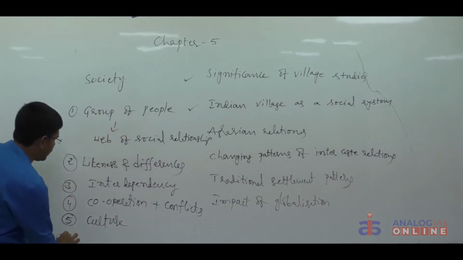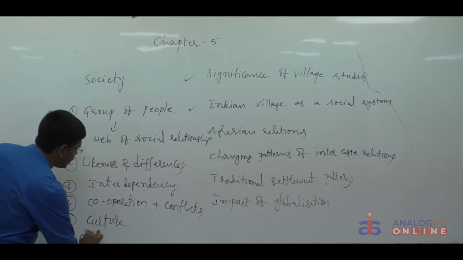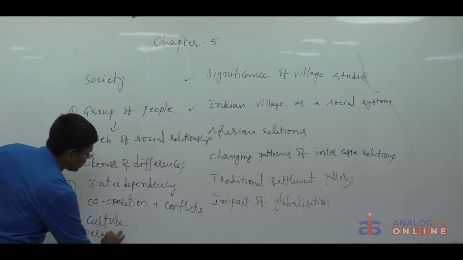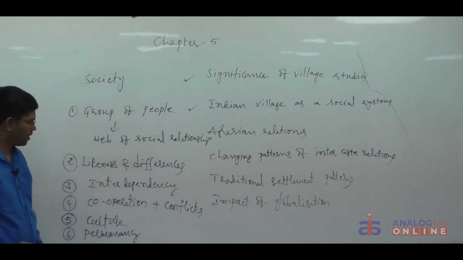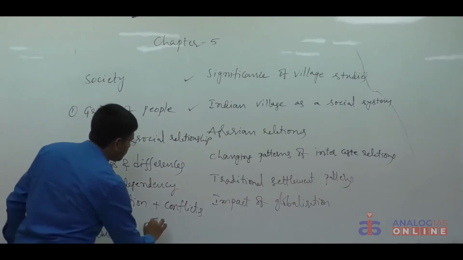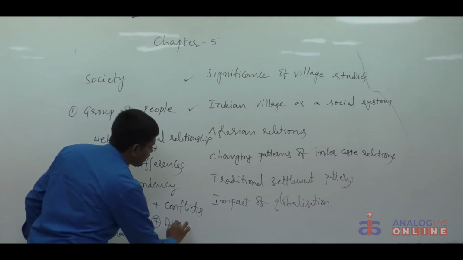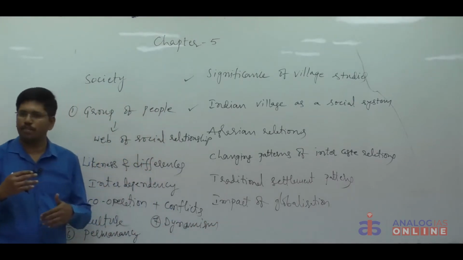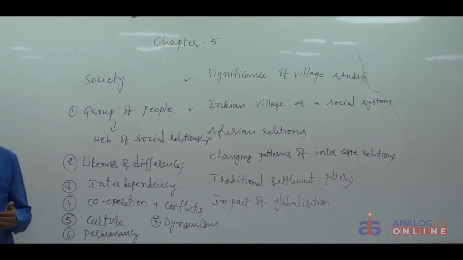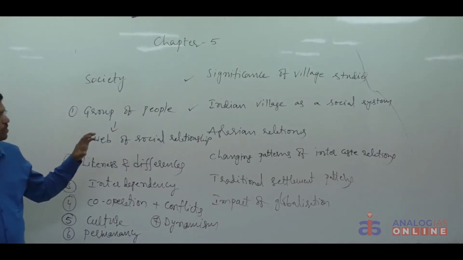This group must be a permanent group. Permanency. And at the same time, dynamism, changes. Gradually over a period of time, there must be some changes. These are the characteristics of a society.